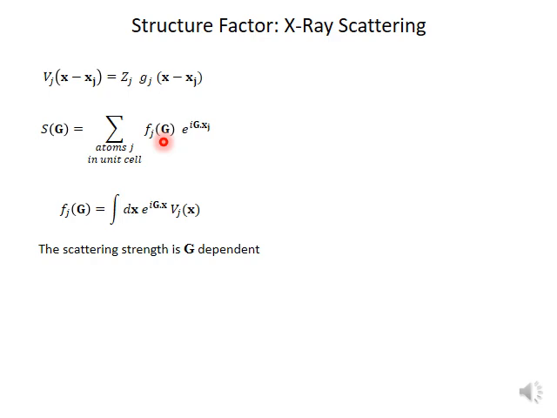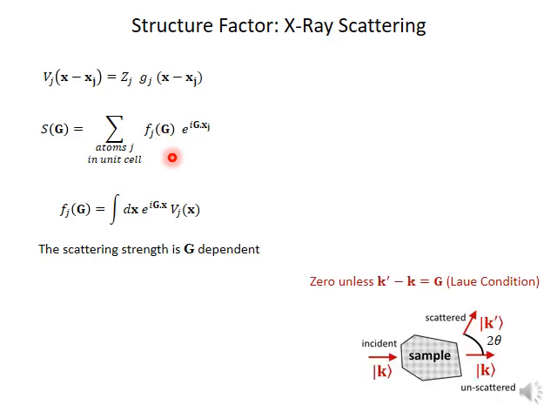It depends on G. So what do we mean by this? Scattering can only occur when K prime minus K equals G, and this would occur, let's say, for a certain 2 theta angle. So when would G be larger?